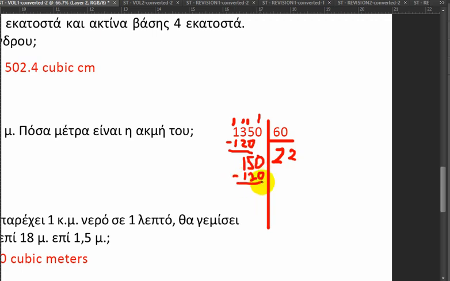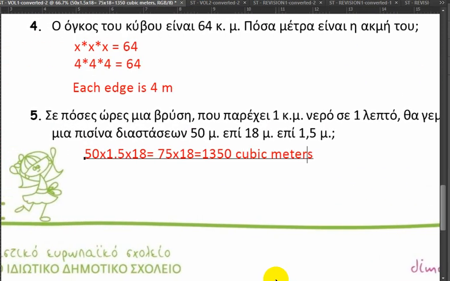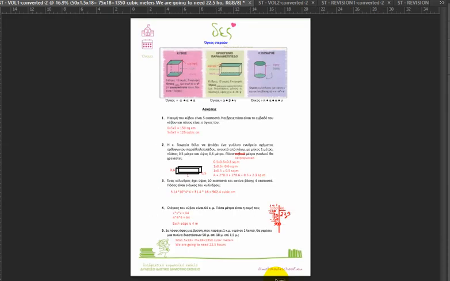By doing the subtraction, I get 30. Put a decimal point here and a 0 here. And I say 60 into 300 5 times. So our final answer for this question is we are going to need 22.5 hours. And that's our final answer.